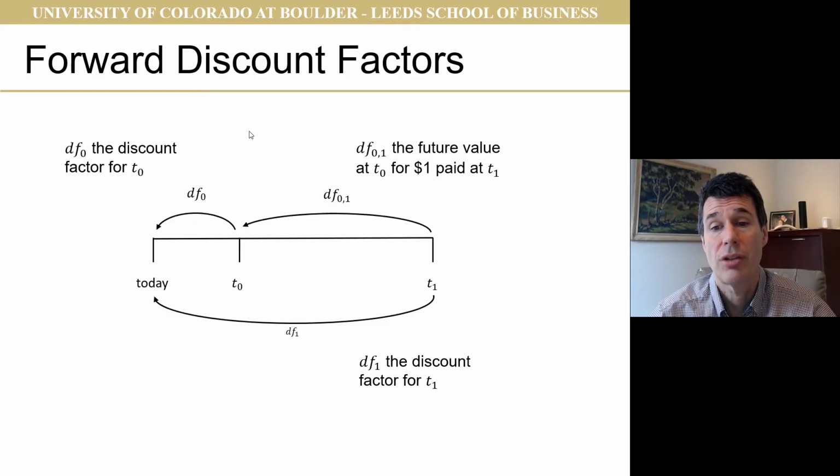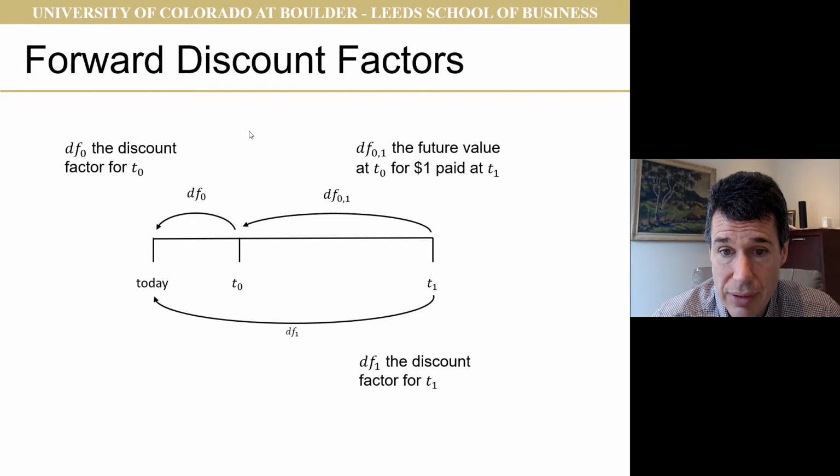And in words, that DF01 is the forward discount factor if we're indifferent to which we do, right? The present value of $1 paid at time T1, present value as of today, that's discount factor 1, should be the same as the future value at T0 for $1 paid at T1, discounted back to today.